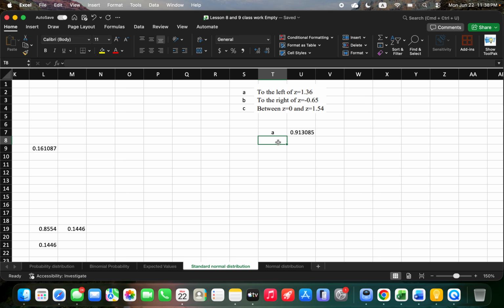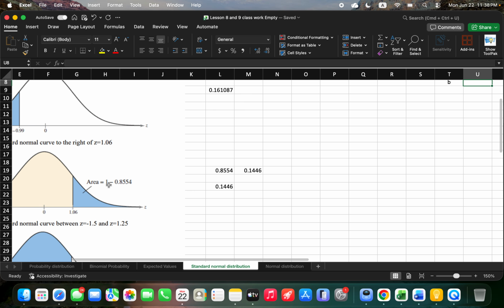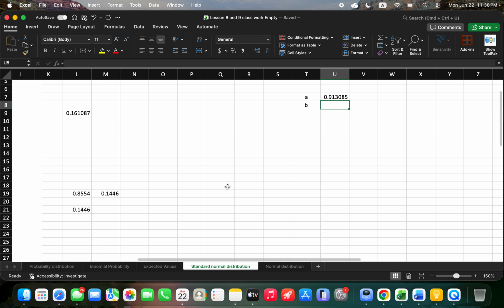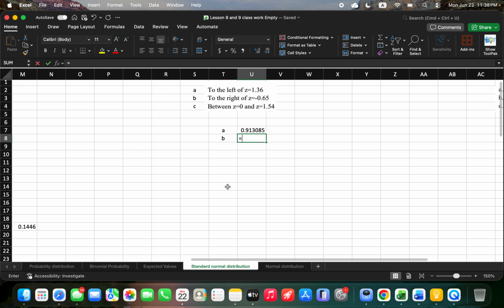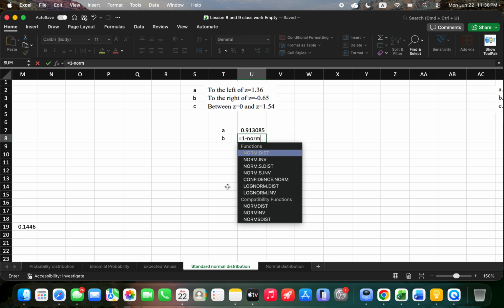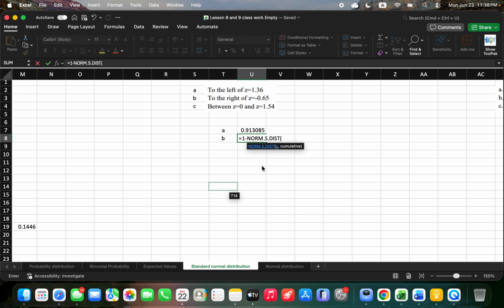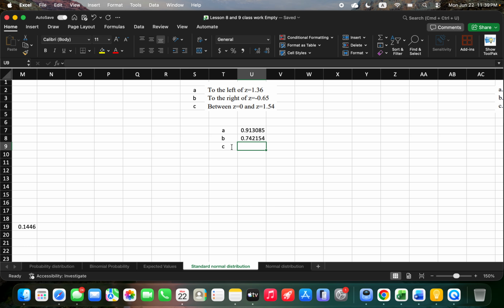Now case B is asking for the right side. What did we do for the right side? Yes, we did 1 minus. So same thing here: equal to 1 minus norm dot standard distribution and then negative 0.65 comma true. Then that's the answer. Now C is between 0 and 1.54.